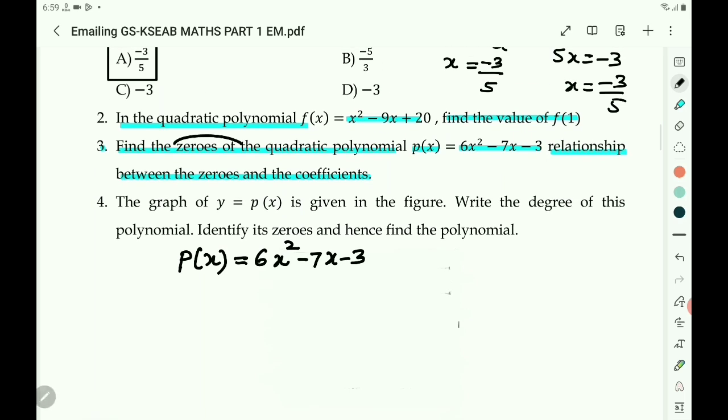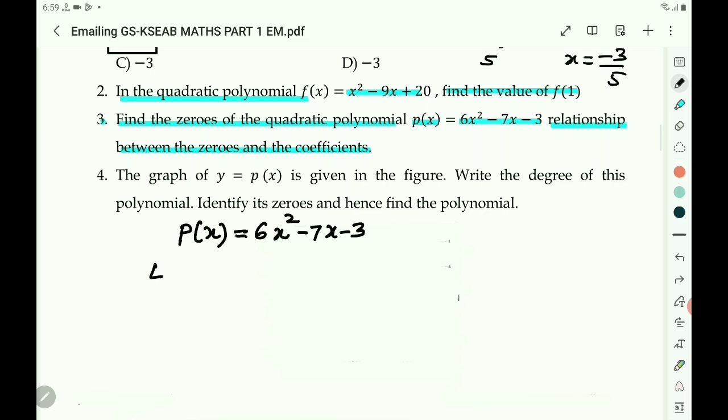We have to find the zeros. To find the zeros, let 6x² − 7x − 3 = 0.